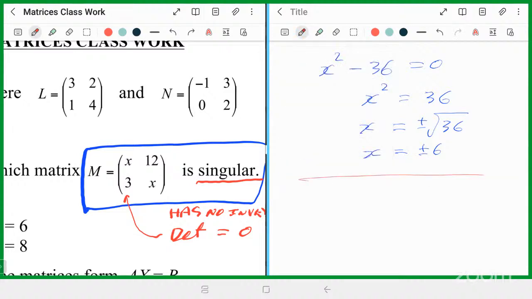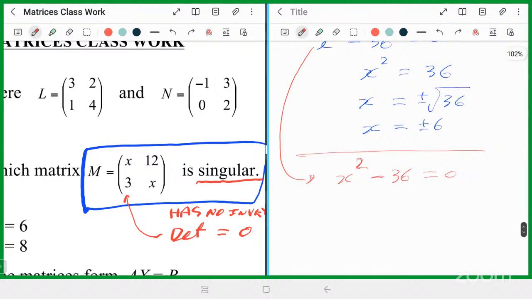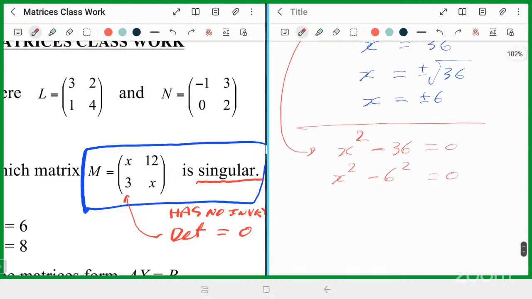So if we had x squared minus 36 equals 0, we can recognize this as the difference of two squares because that's a perfect square. It would be x squared minus 6 squared equals 0. Then if we factorize this as the difference of two squares, it becomes x minus 6 times x plus 6 equals 0.